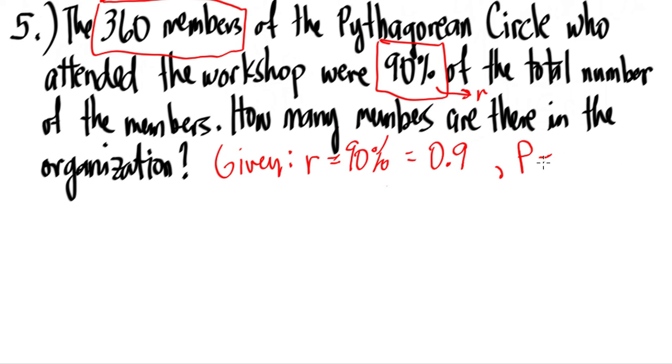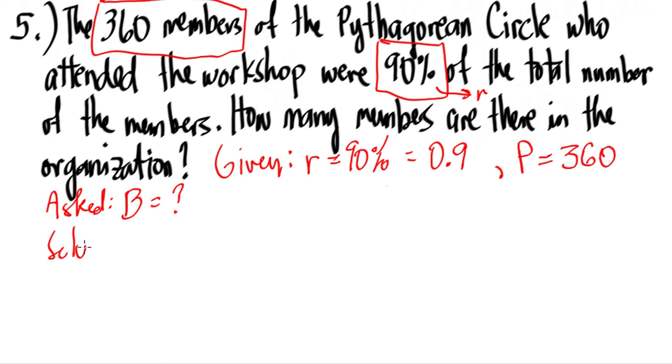So the percentage is composed of 360 members. What is asked from us? How many members are there in the organization? That's the totality of the members, so that's no doubt your base. Your base is the question mark.